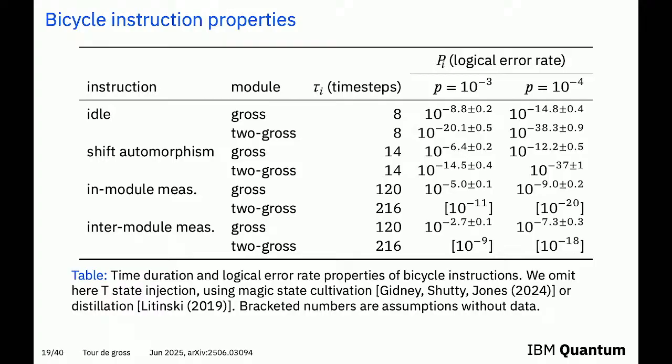So we see that idling, so just doing syndrome cycles, has a certain logical error rate of 10 to the minus 8.8 roughly, whereas the 2 gross code has a 10 to the minus 20, say, idling error rate.